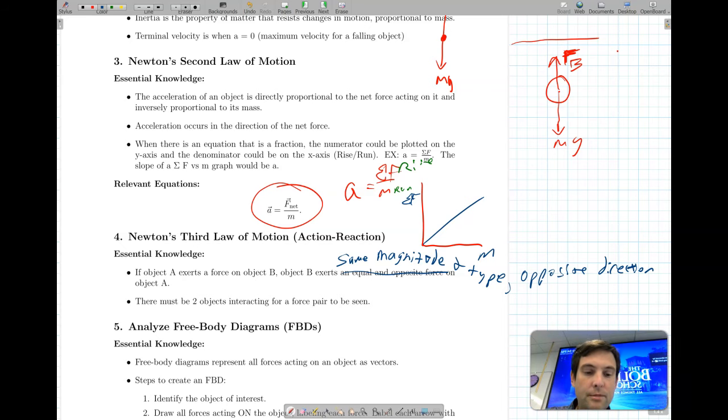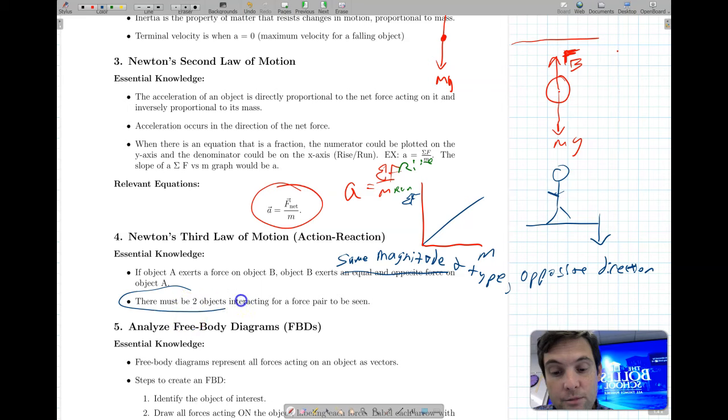Same magnitude and type. So if I am standing on the ground and I exert this weight force down on me, I have to have a second object to see this. If I consider the forces acting on the earth, that's the downward force. Now if I consider the forces acting on me, that is the upward force.